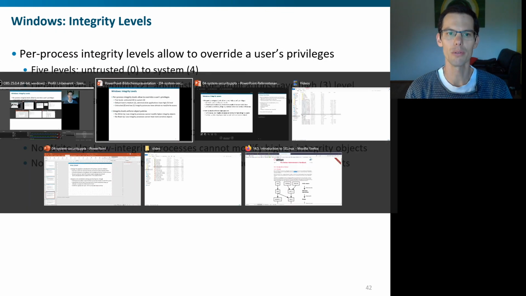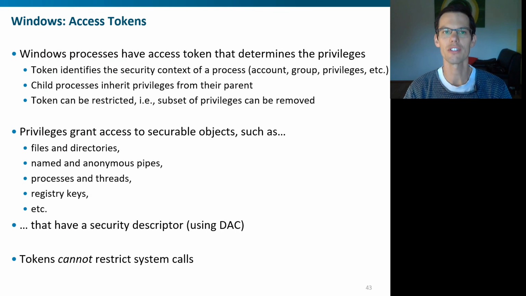One essential component in here is the access token, and the access token is actually the security identifier of all the processes running in Windows. Every process has its own access token, and when a process spawns a new process, it will even inherit this access token to the new child process.